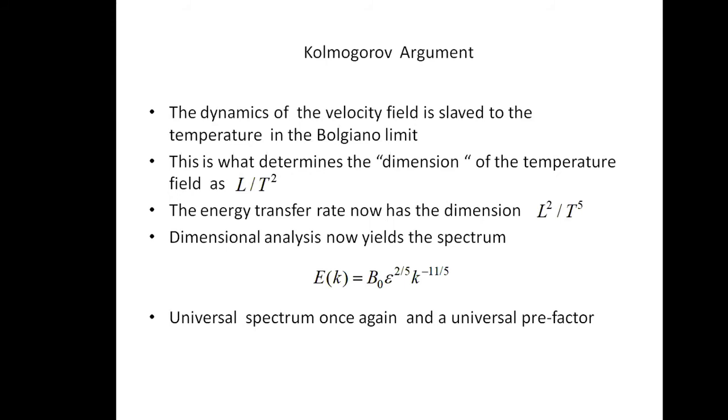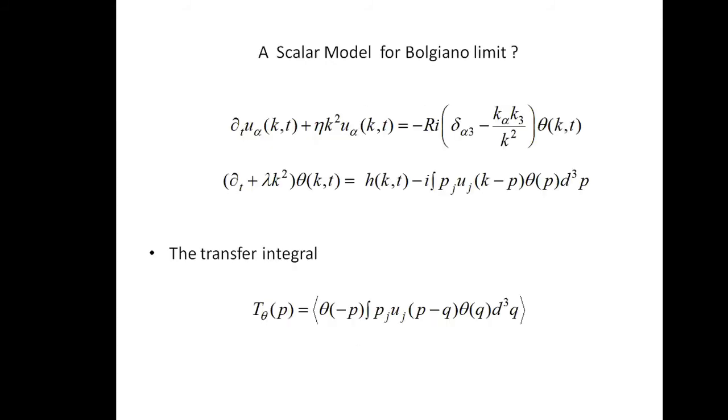Therefore, it is the acceleration dimension, which is L over T squared. The energy transfer now has the dimension L squared over T^5, and you do a dimensional analysis a la Kolmogorov, and you find k to the power minus 11 by 5. Universal spectrum, once again in this limit, and a universal prefactor.